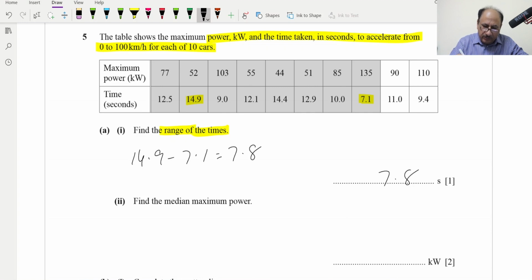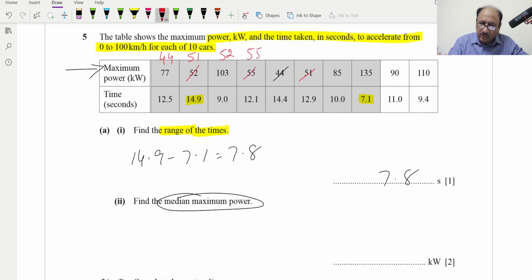Then find the median of the maximum power. The maximum power row is this one. For the median, we need to arrange the values first. So 44 is the first, which we can write over here. Then after 44, 51, then 52, then 55.